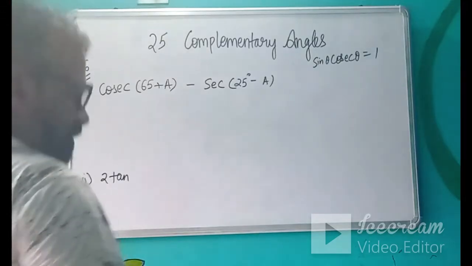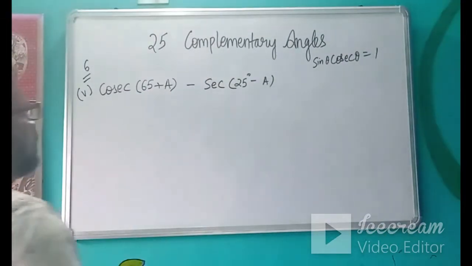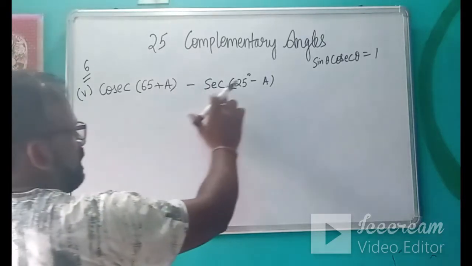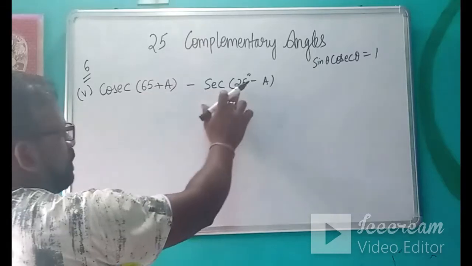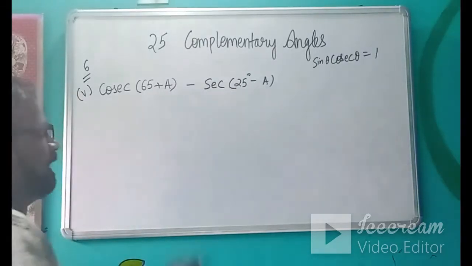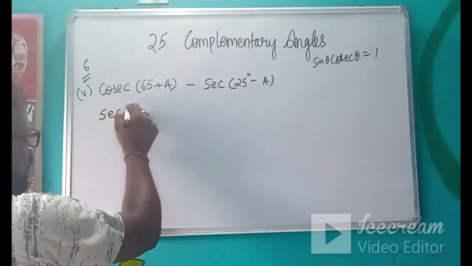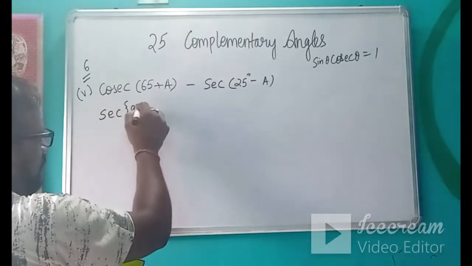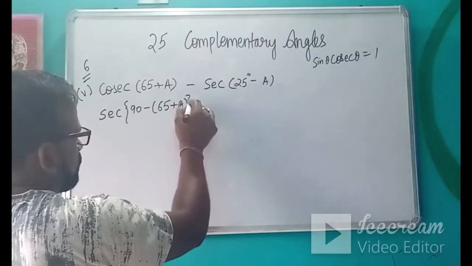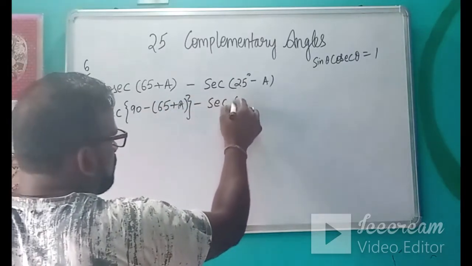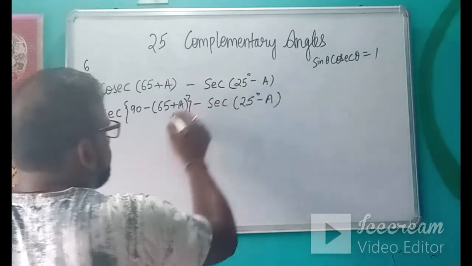Okay, let's discuss one more type. So in this, it is 65 plus a and it is 25 minus a. If you see carefully, 65 plus 25 will make 90 degree. So again I am replacing cosec by sec and it becomes 90 minus theta, minus sec 25 minus a.